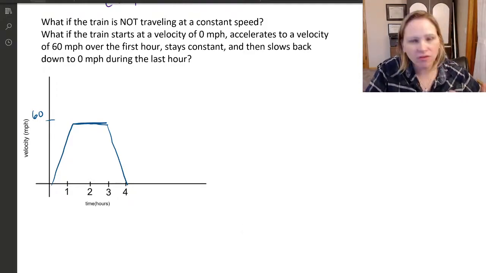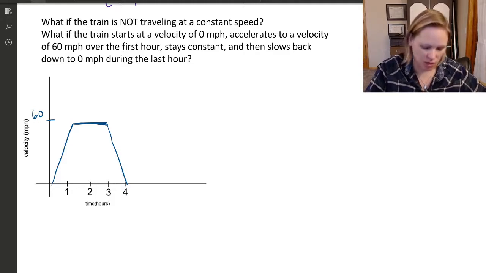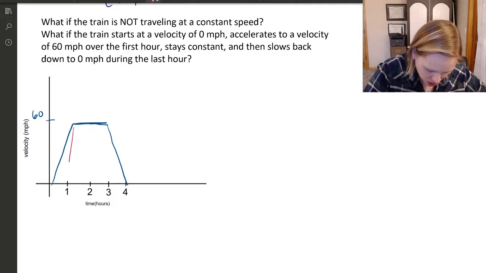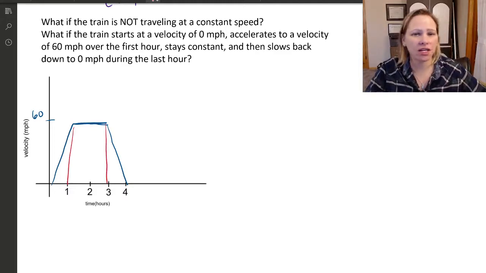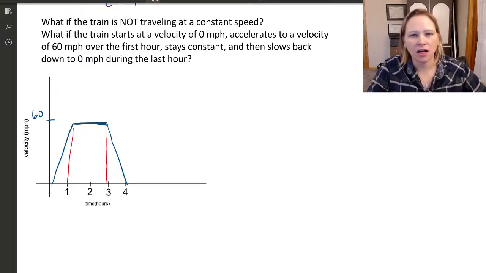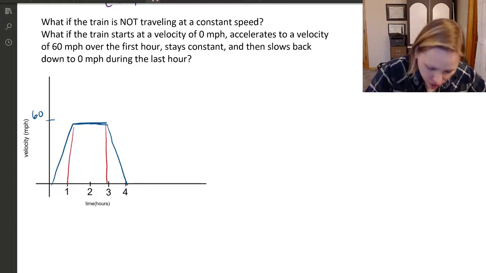And so we have different ways that we can break this trapezoid up. We can treat it as a trapezoid, or we can break it into 2 triangles and find the area of each triangle and then add it with the rectangle. But the idea is the area under this trapezoid is going to represent the distance that the train covered. So let's use the area of a trapezoid.